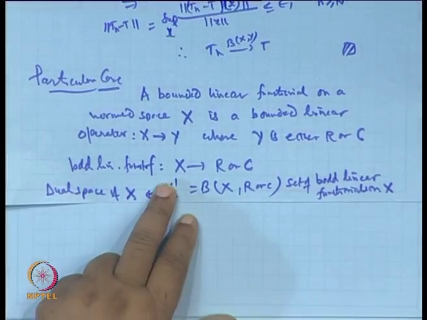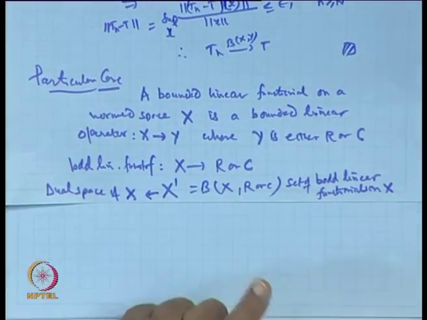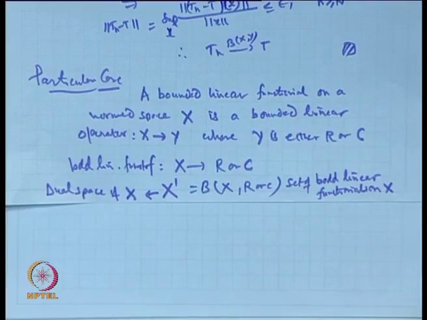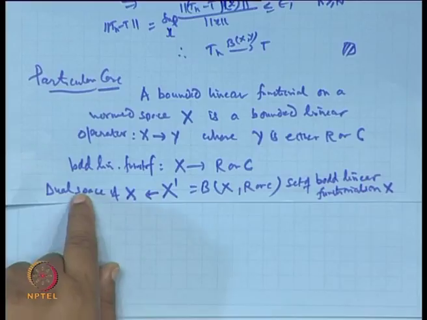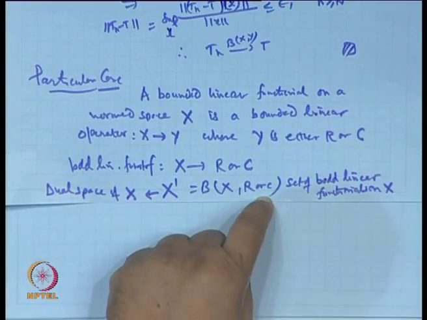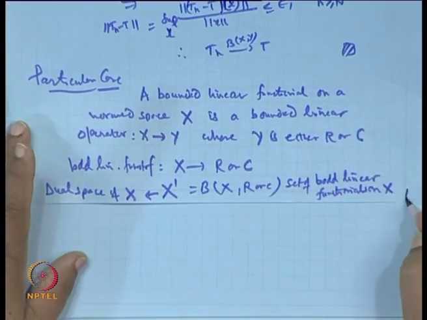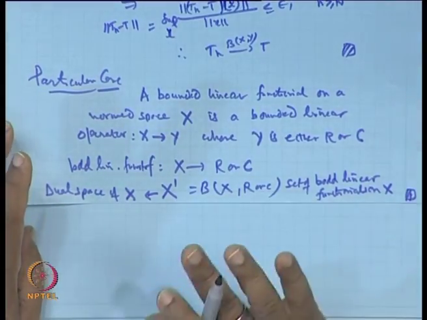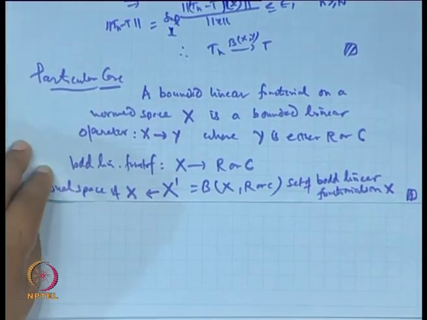Denoted by X dash. So first we defined the bounded linear operator, then replacing Y by R or C, we get a bounded linear functional, and that collection is called the dual space, and it will be complete because R and C will always be complete. Okay? So in the next class we will see examples of dual spaces. Okay? Thank you.